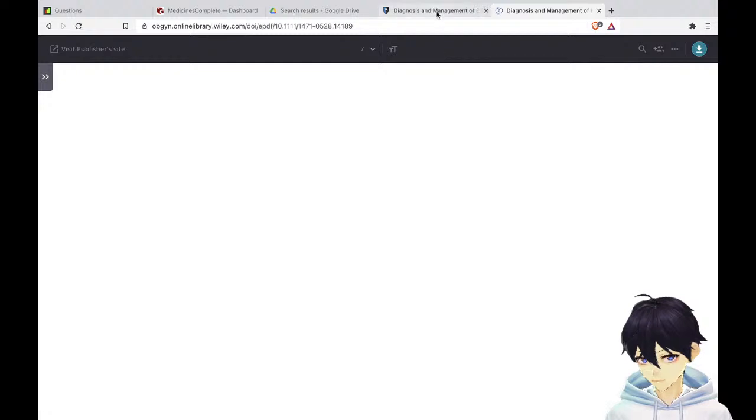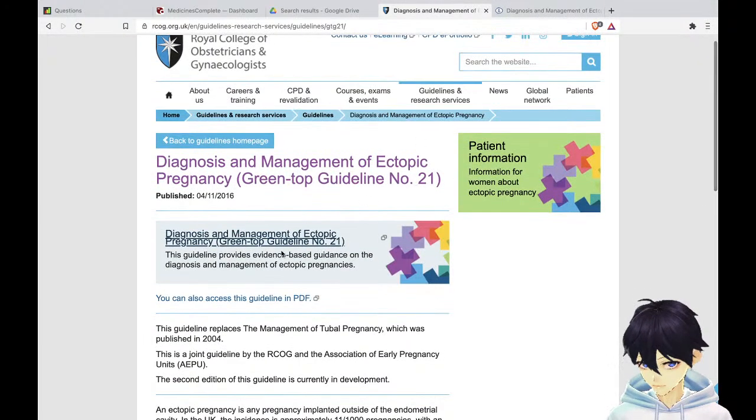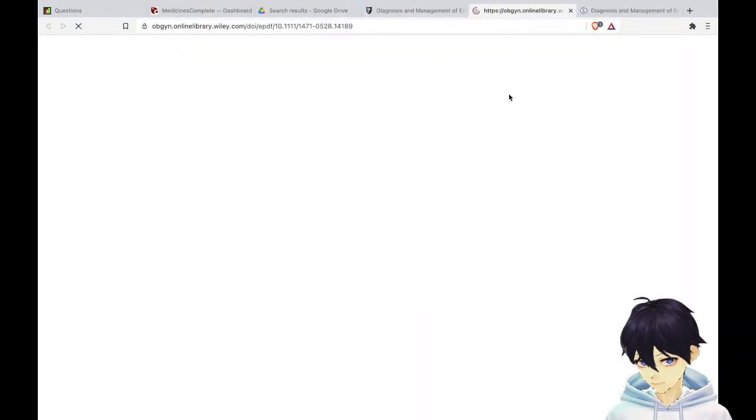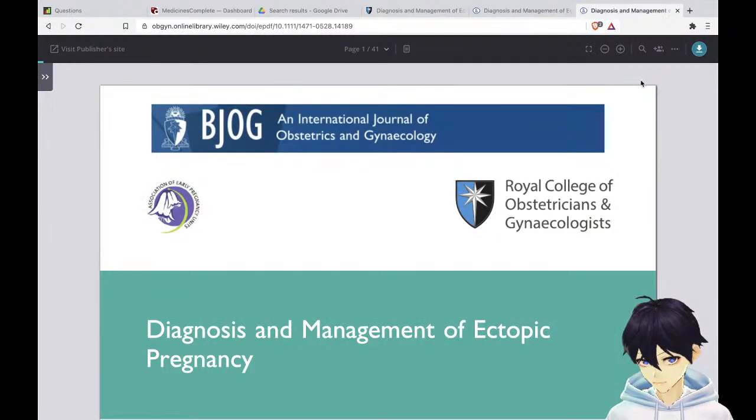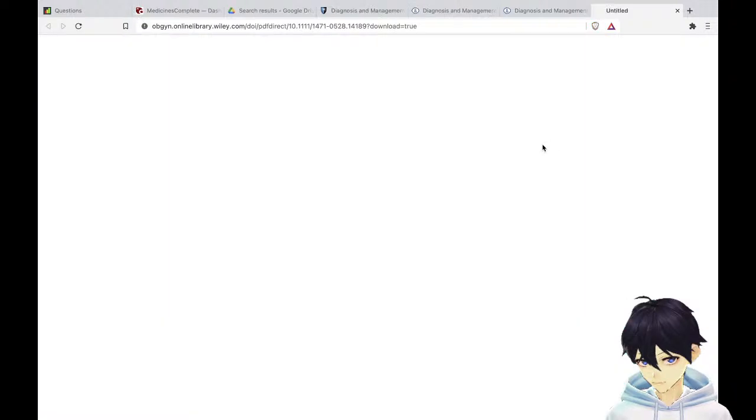It's taking quite some time to load here. You can access the guideline in PDF. Same link. Let's just download it for faster loading.